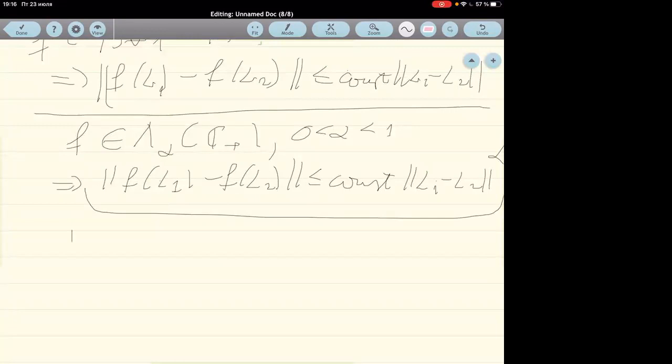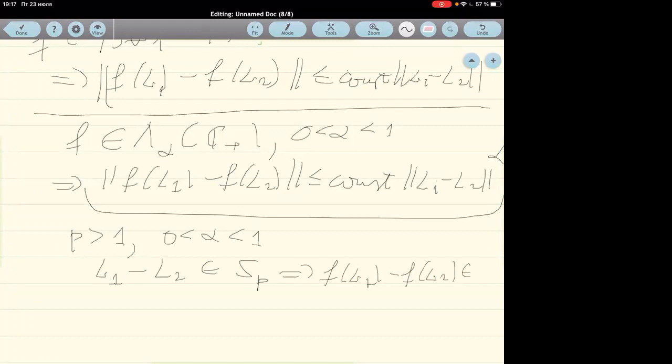And one more result I would like to state. Again, we proved this for self-adjoint operators in my joint paper with Alexander. If p is greater than 1, and alpha is between 0 and 1, then if L1 minus L2 belongs to the Schatten–von Neumann class S_p, then f of L1 minus f of L2 belongs to the Schatten–von Neumann class S_{p/alpha}.